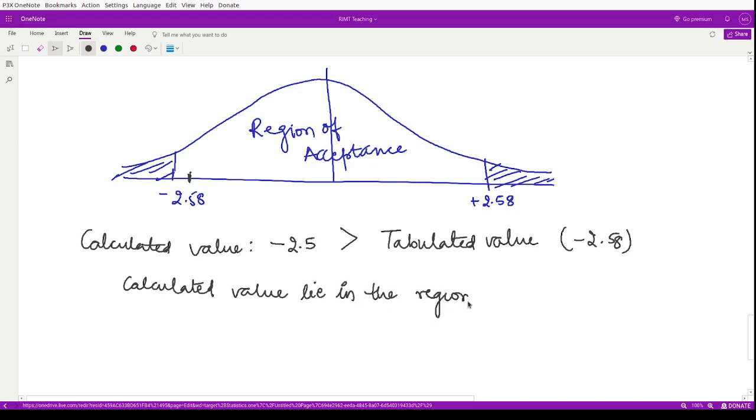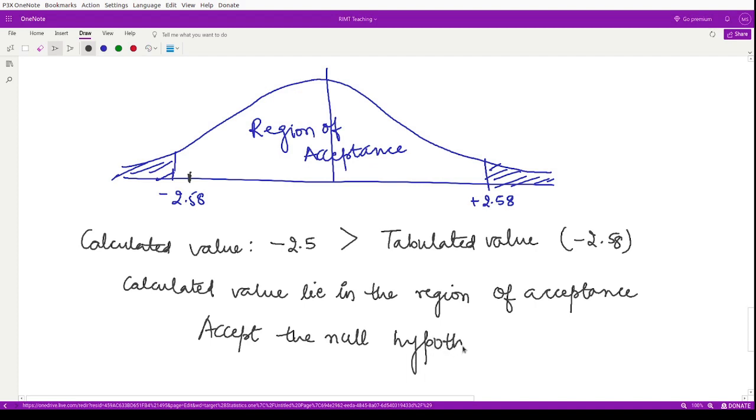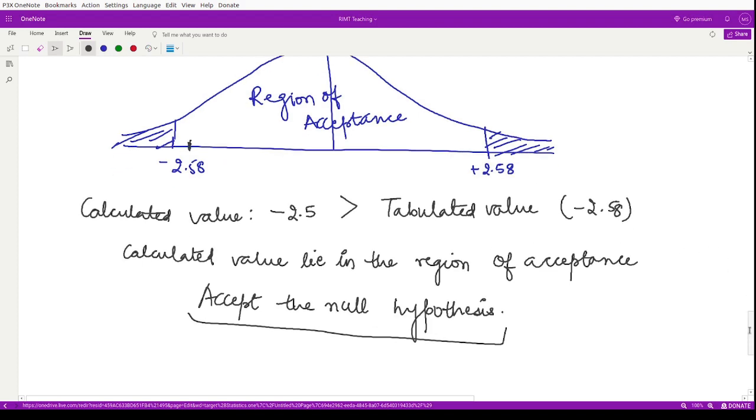If it lies in the region of acceptance, you will accept your null hypothesis. So in this case, if you wanted your decision to be 99% correct and only 1% wrong, we say that the null hypothesis is correct.